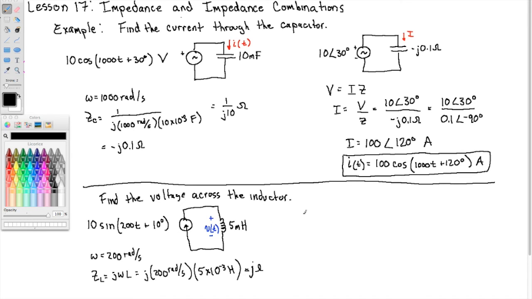Now let me convert this to the frequency domain picture. My current source was 10 amps angle 10 degrees. 10 angle 10 degrees. And instead of labeling the inductance, I'm going to label it by its impedance, J ohms.